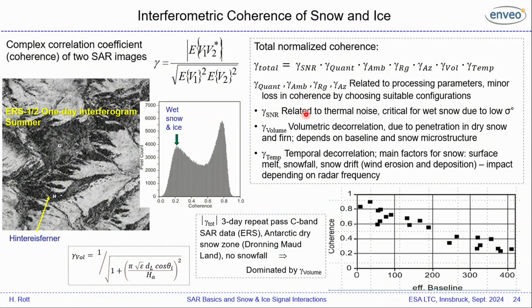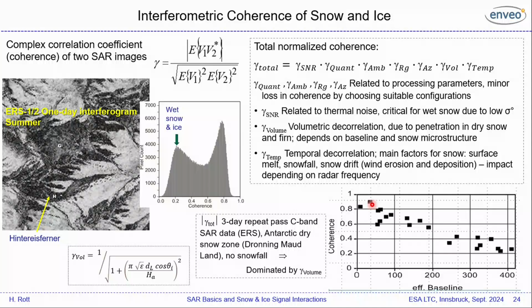This is an example which I did from 3-day repeat data of ERS during periods with no snowfall and little wind. And here you can see this is an effective baseline, a cross-track baseline. You can see that the coherence, due to this volumetric correlation, we have here one-way penetration on the order of 20 meters.